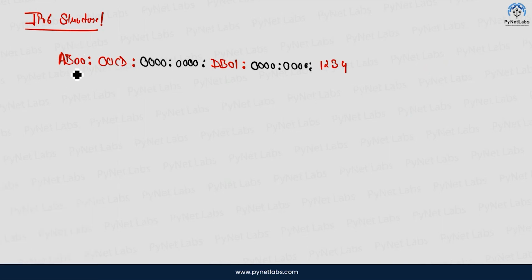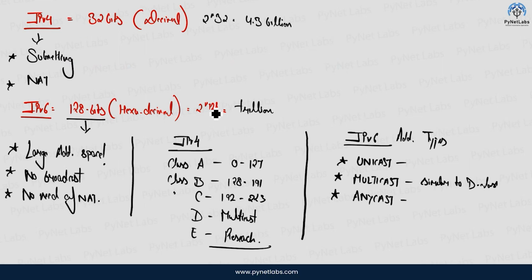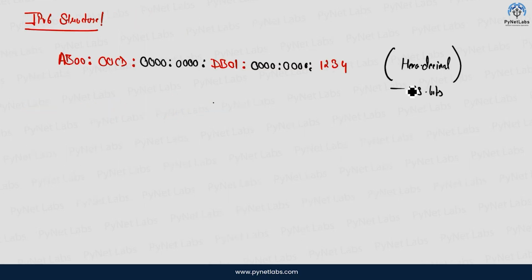Now, in this IPv6 structure, guys, we know that it's written in hexadecimal. Apart from that, it is in total 128 bits, which I have already mentioned on the previous slide, that an IPv6 address is of 128 bits, and that's how it's going to provide us addresses in trillions. And when I say 128 bits, how is it going to add up to those 128 bits?